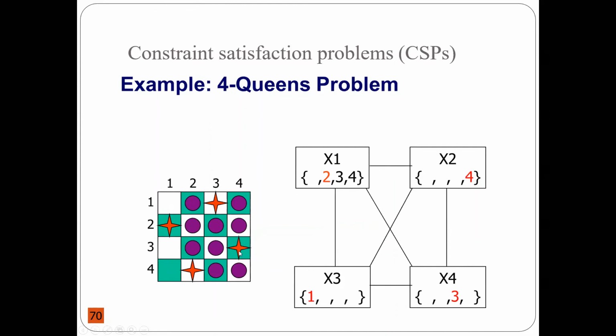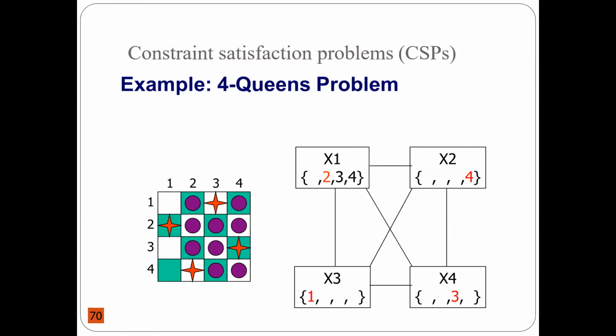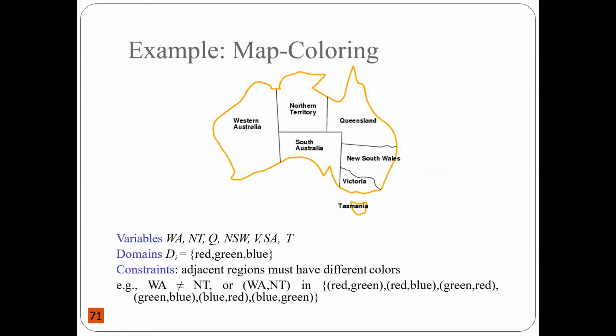That is again one solution to the constraint satisfaction problem. Then we will see what is the map coloring problem. The map coloring problem, I think we'll see in the next lecture.